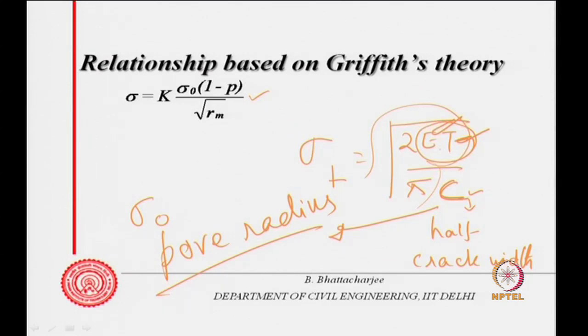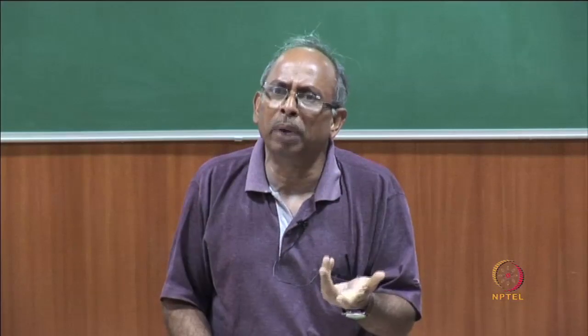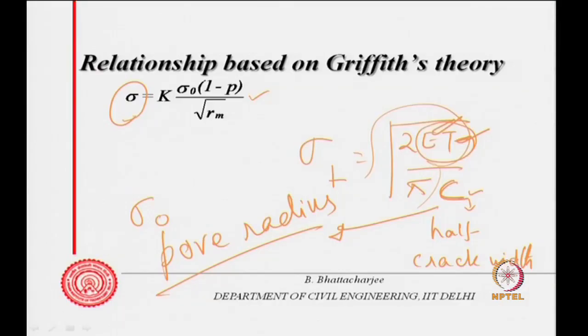This is a simple model, and there could be a much more complex one, but one can fit an empirical relationship of compressive strength with sigma 0 into 1 minus p into another constant. Now, sigma 0 is the strength at zero porosity, which is almost difficult to determine.